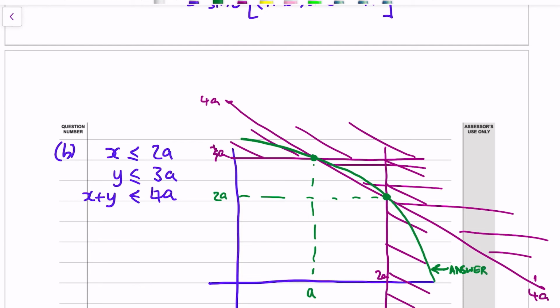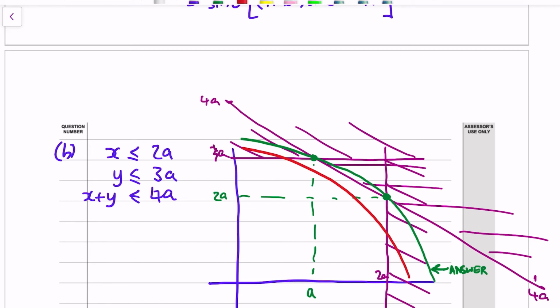Okay, if we had a nonlinear objective function, I'll draw one that's wrong. So if we had something like this, then all points that are along that line inside the feasible region, of course, the points have to be inside the feasible region.